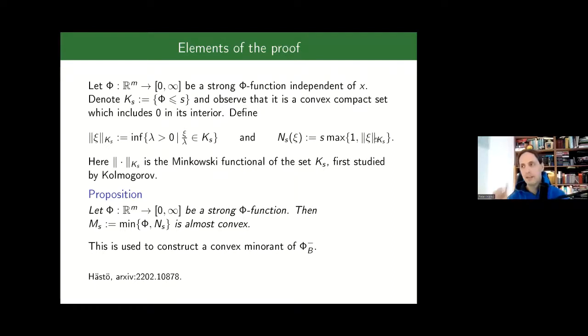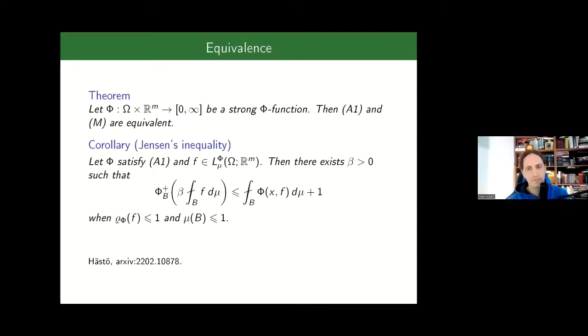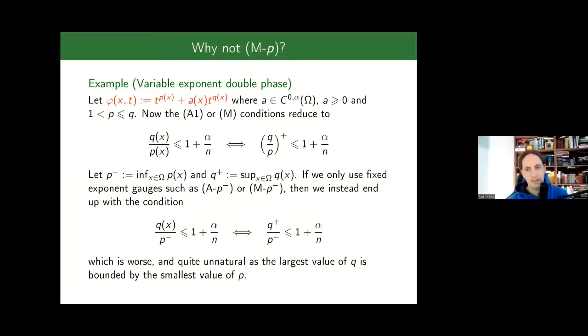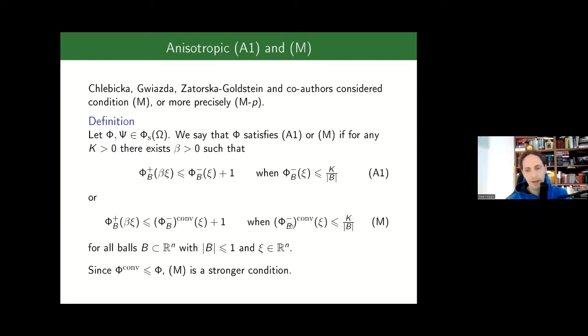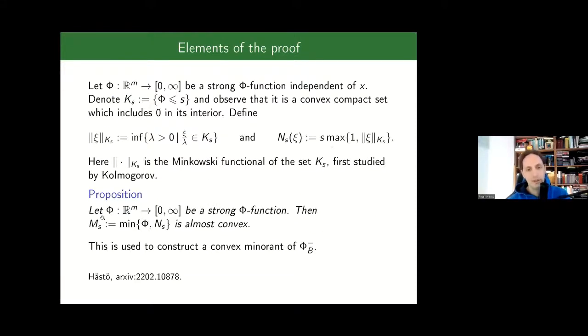Rather, it is from some potentially complicated set, Ks, just defined like that. And then to relate this phi minus, the convex minorant, and phi minus itself, we use this minimum of the original function and this ns.